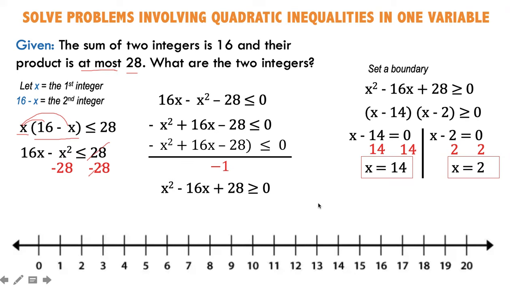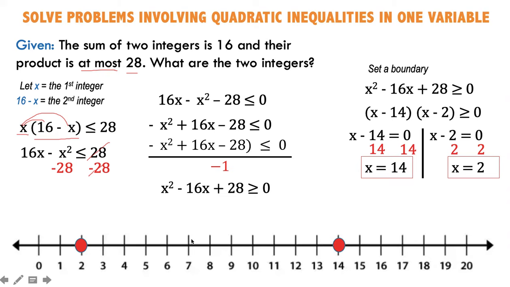We will now set up an integer number line and plot our critical points or boundaries, that is positive 2 and positive 14. We use a shaded circle because from our given, it is more than or equal to.